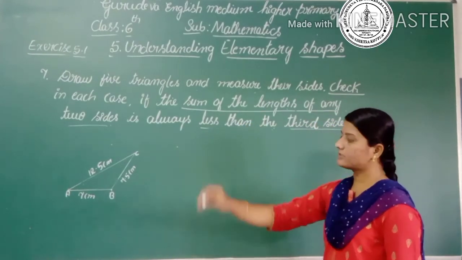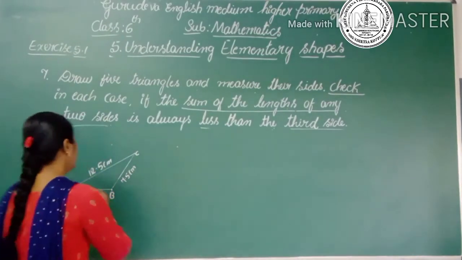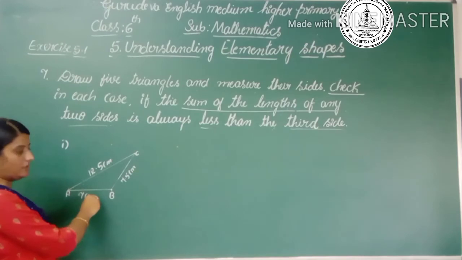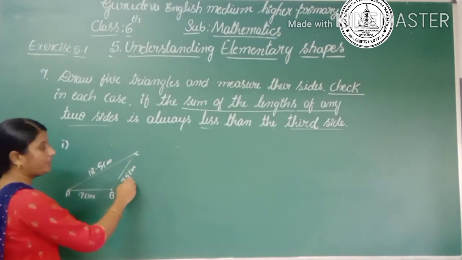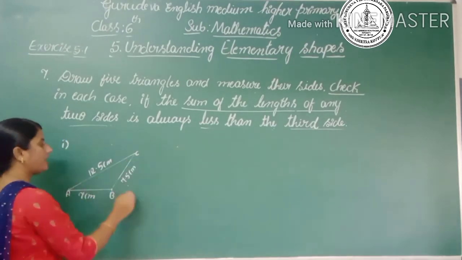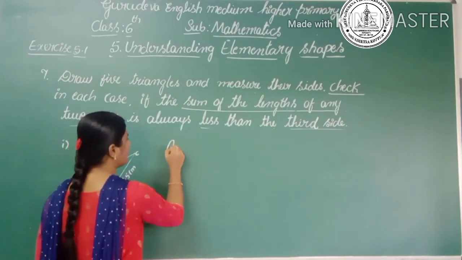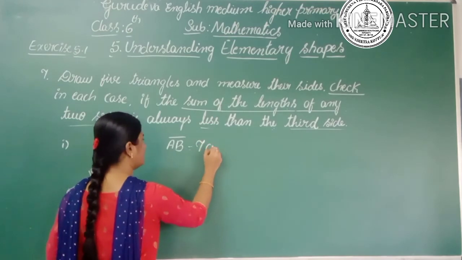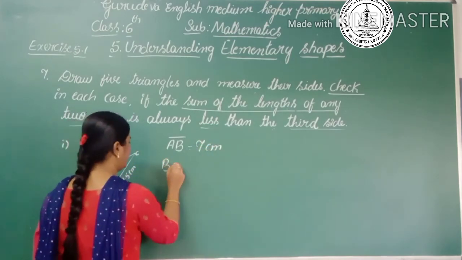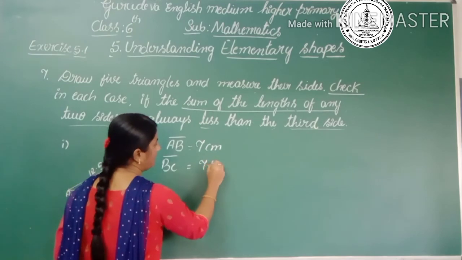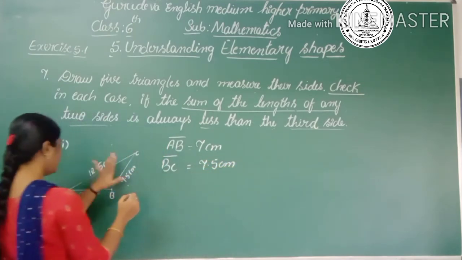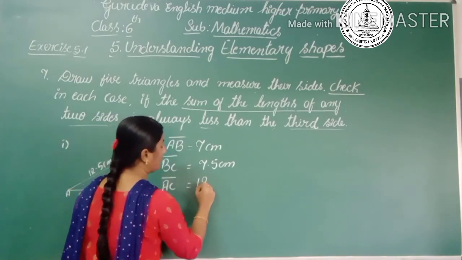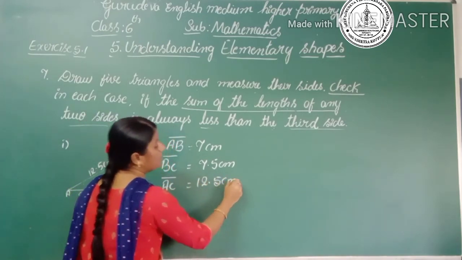Okay, so here first I will draw one of the triangles. The length of AB is 7 centimeters, the length of BC is 7.5 centimeters and the length of AC is 12.5 centimeters.